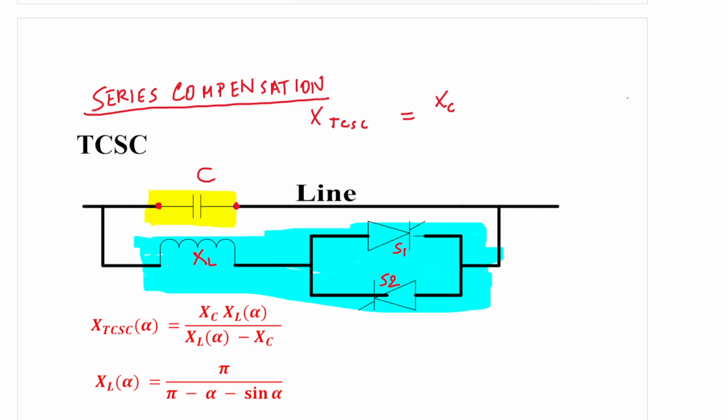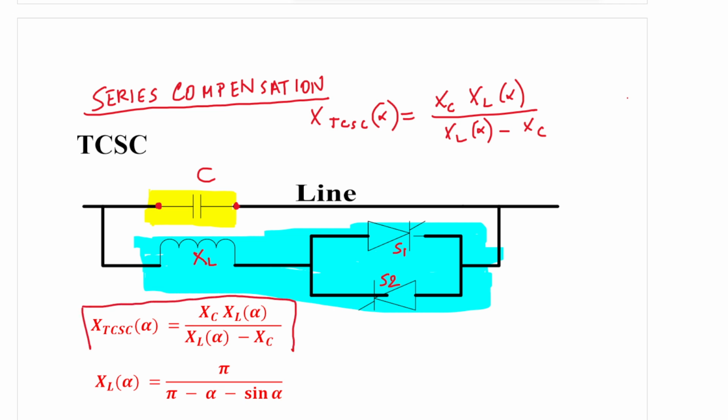Its value of XL will depend on the firing angle or delay angle. So XL will be a function of alpha. So this will be the net reactance. Since this total reactance is the net reactance of TCSC and it is dependent on alpha, the net reactance of TCSC will be dependent on alpha. So this expression tells that the net reactance of TCSC is dependent on alpha and it is a tunable parallel LC circuit.